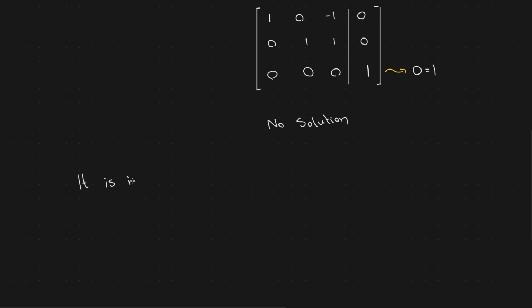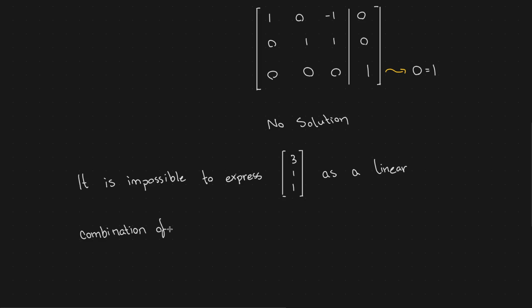It is impossible to express 3, 1, 1 as a linear combination of the other vectors.